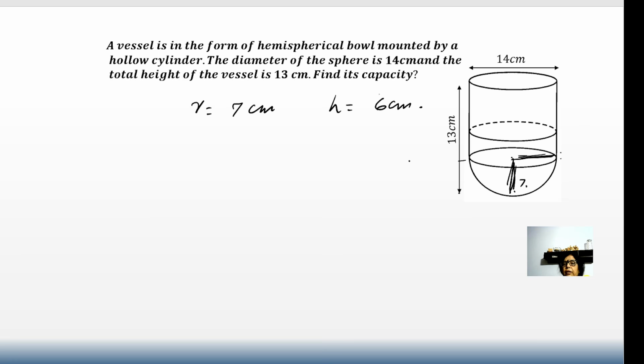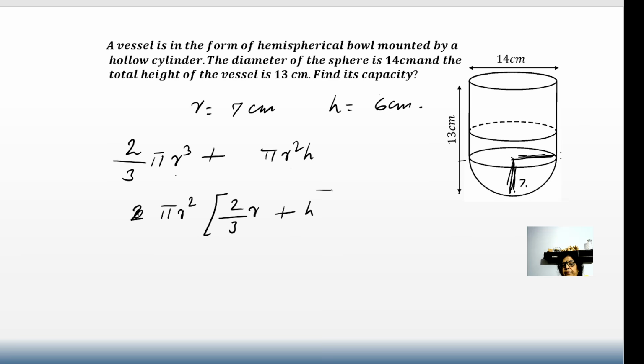Now we have to take the two formulae for the hemisphere as well as the cylinder. So volume of the hemisphere is 2/3 pi r cube and for the cylinder it is pi r square h. Now here I've kept the same r because the radius is the same for both of them. So we can take out pi r square common and we'll get here 2/3 r plus h.